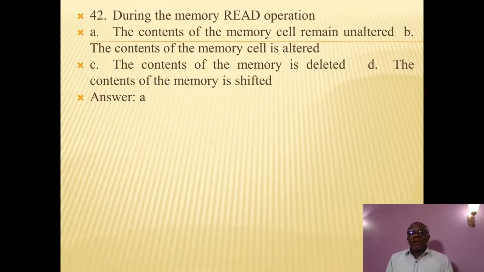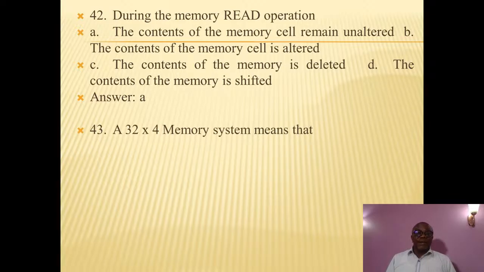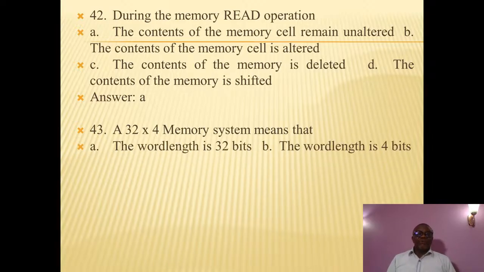It will remain there until you overwrite that 10 by writing something into that memory location. Else, that 10 there will remain unaltered. That is how memory locations work. So now if we have a memory described as a 32 by 4 memory system, what do we really mean?